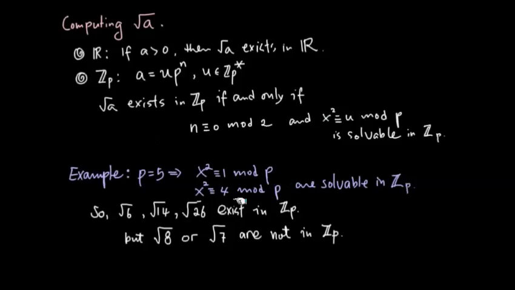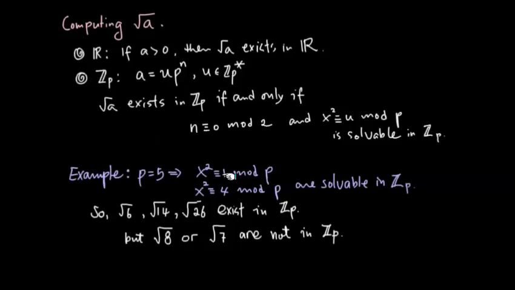It's easier to explain with an example. For example, p equals 5, and I'm considering these numbers without the p power part. It's quite clear that you must have an even power, so let's just focus on a being a unit here.